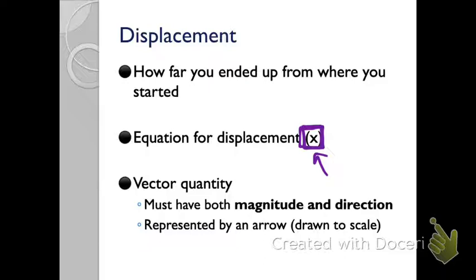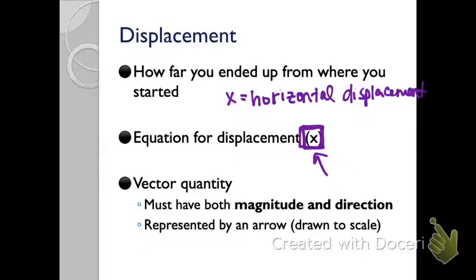Why do you think we label them x and y? So x equals horizontal displacement, and y equals vertical displacement.